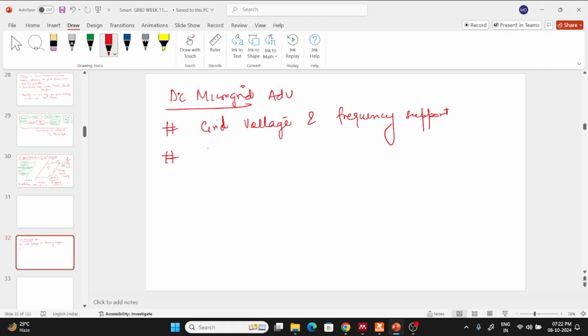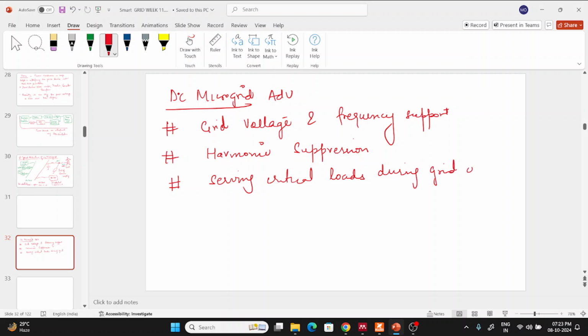It also helps in harmonic attenuation, harmonic suppression, I would say. Then it also helps in serving critical loads during grid outages.